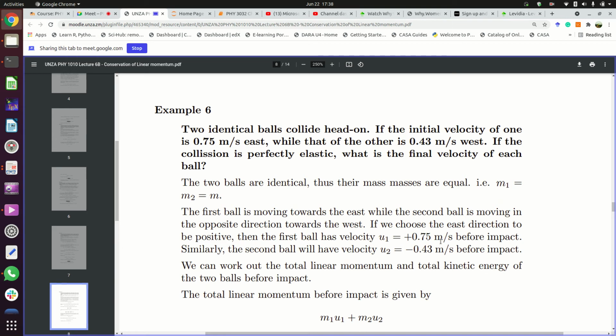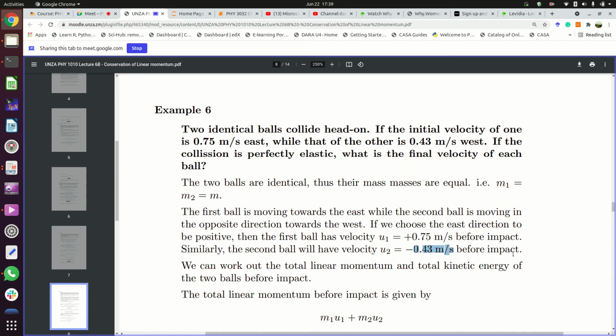This is before impact. Then the velocity of the second ball, U2, is going to be written as minus 0.43 meters per second. The reason it is minus is because we have chosen east to be the positive direction. If east is positive, then west, being opposite of east, is going to be the negative direction.